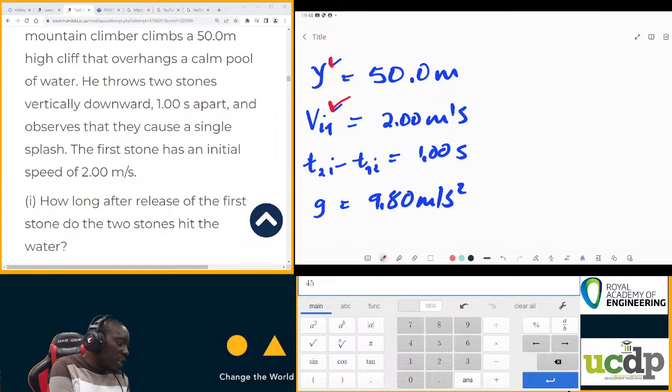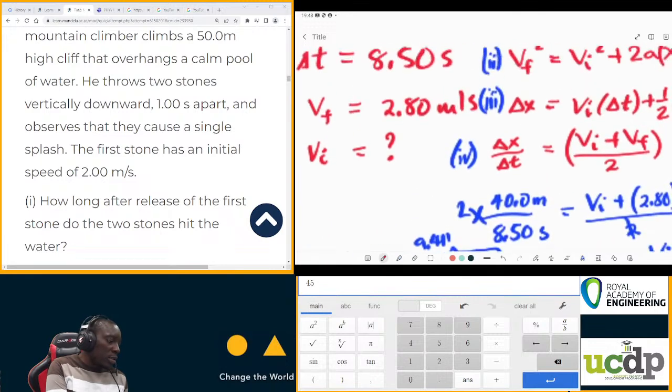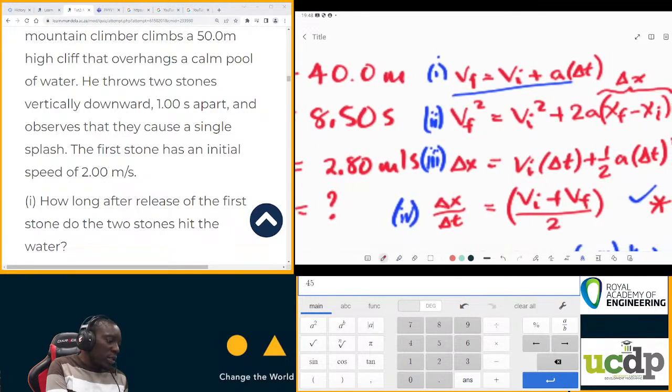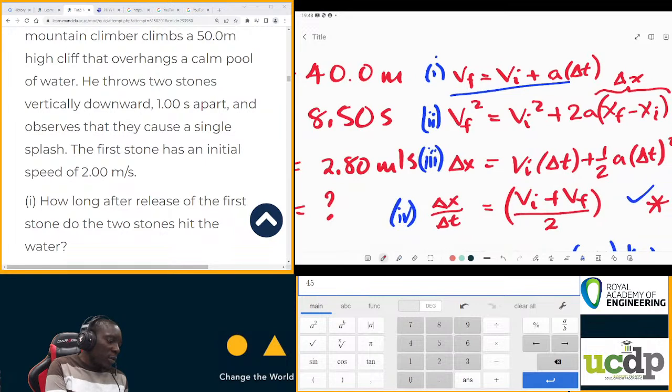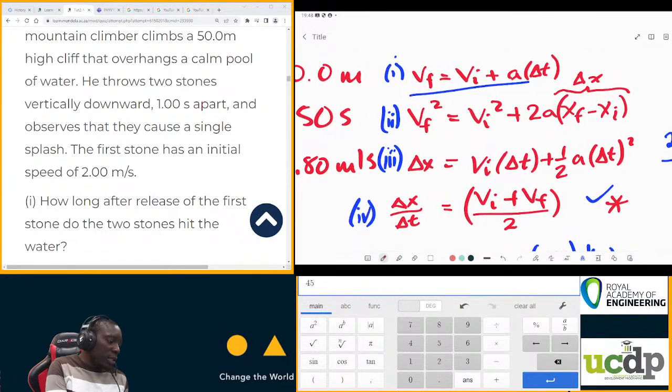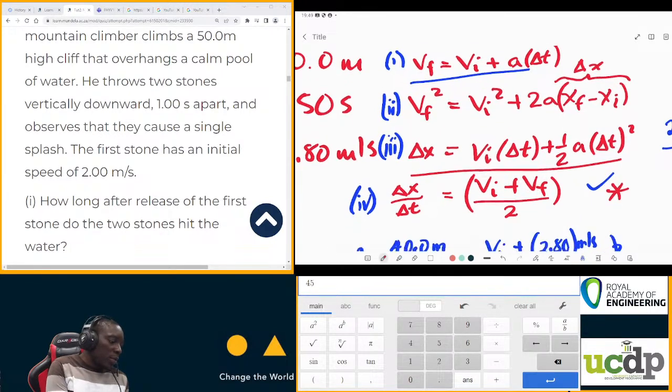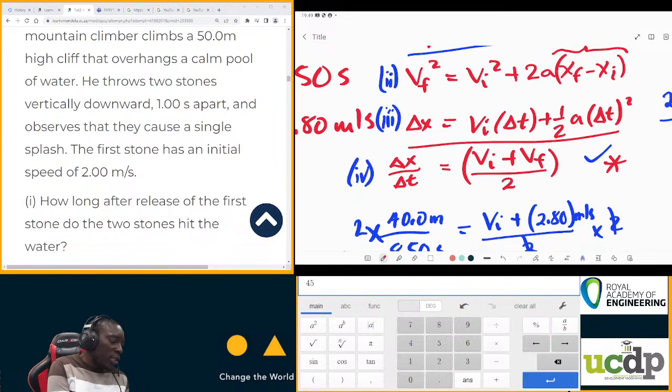We have initial velocity, displacement, and G. Which equation do we use? Here is our list of equations. So we have acceleration, displacement, and initial velocity, something like this. So we can use an equation like that. Displacement is there, initial velocity given, and the time is what we need to find. Acceleration we know.